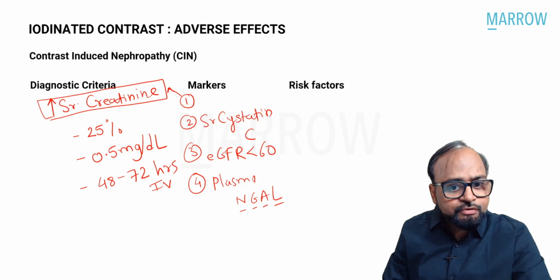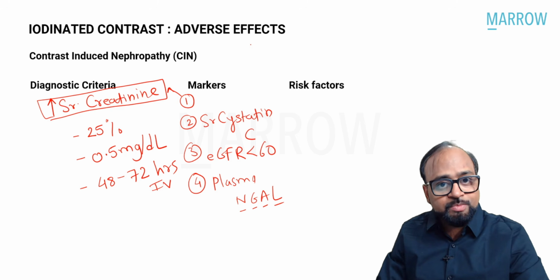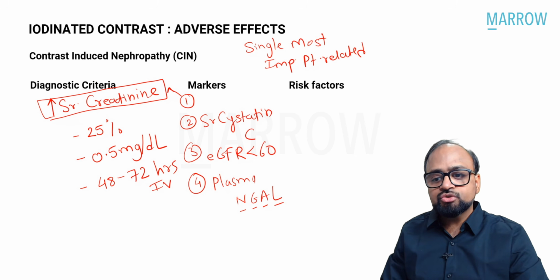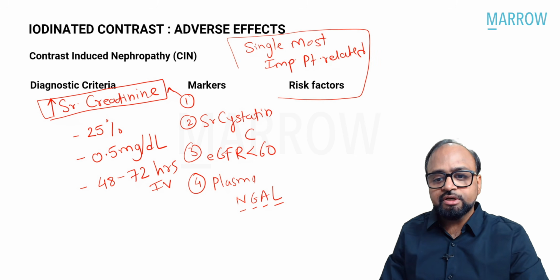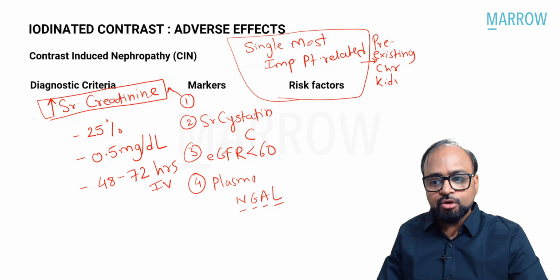What are the risk factors for the development of contrast induced nephropathy? Remember, they can ask you specifically what is the single most important patient related risk factor. The single most important patient related risk factor is pre-existing chronic kidney disease.